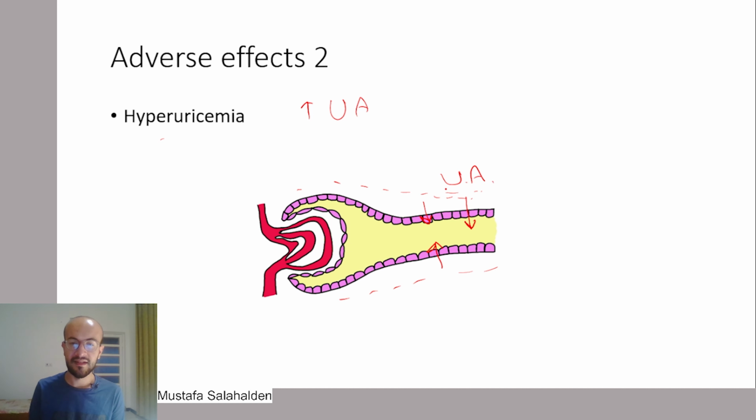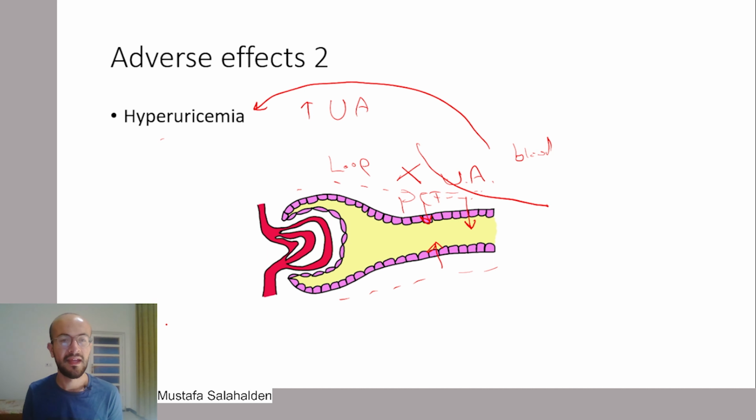And the loop diuretics here, they would compete with the uric acid to be secreted through the proximal convoluted tubule. And this leads to the uric acid being trapped in the blood, and this would give us hyperuricemia. And this would lead to the gouty attacks being more severe in patients who have gout.